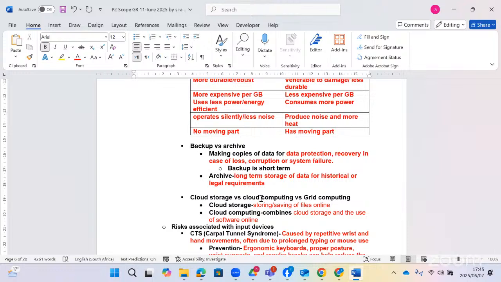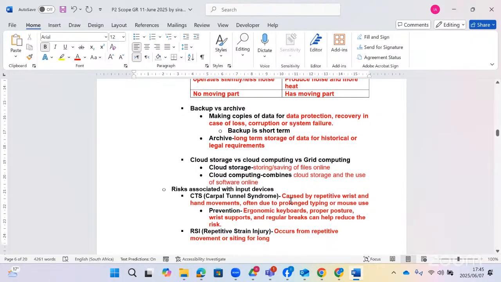So archive is not short-term like backup. Backup is short-term because something might happen to your data and then you easily go for it. But for archives, it's always long-term. Let's say you have your old pictures and you scan them and put them somewhere on a CD. That one is an archive for historical purposes.